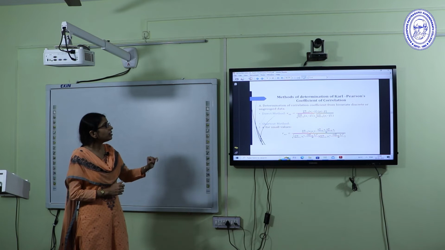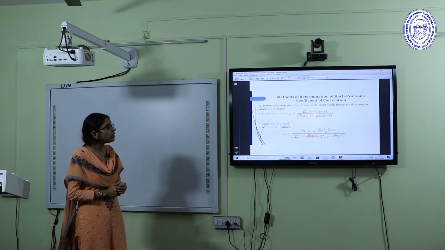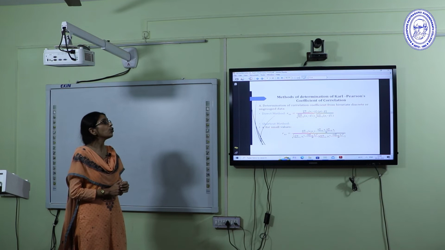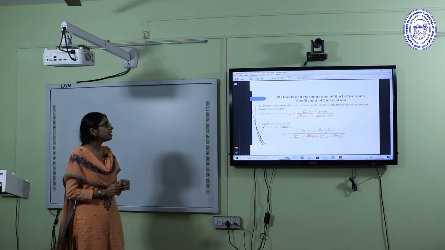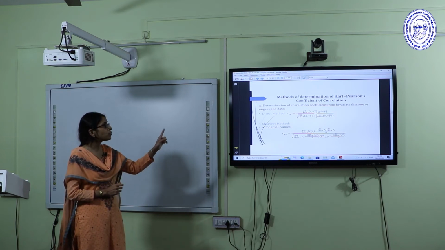In the direct method, the coefficient of correlation, that is Pearson's coefficient of correlation, is denoted by small r.